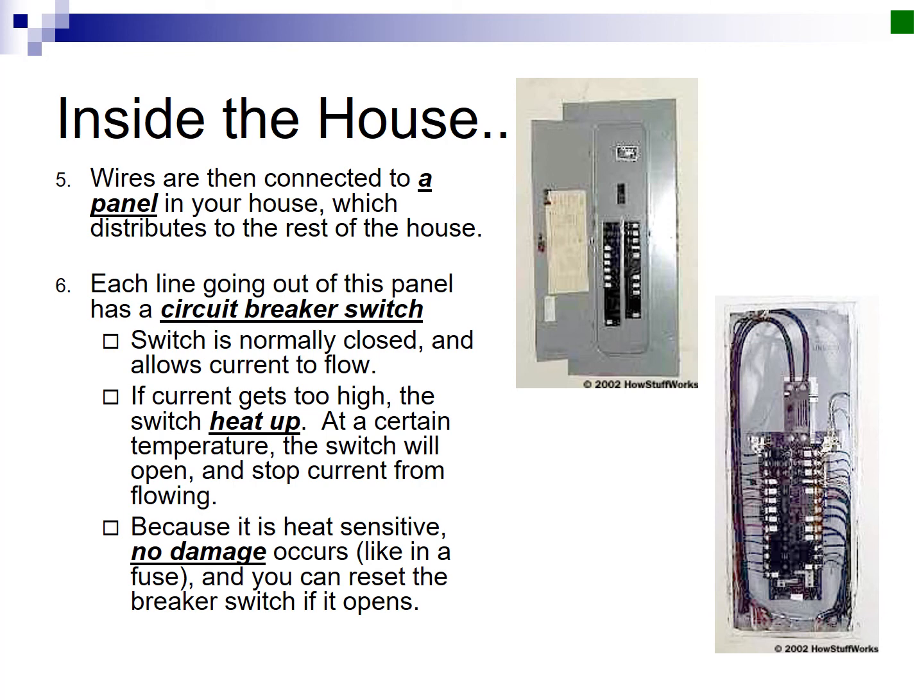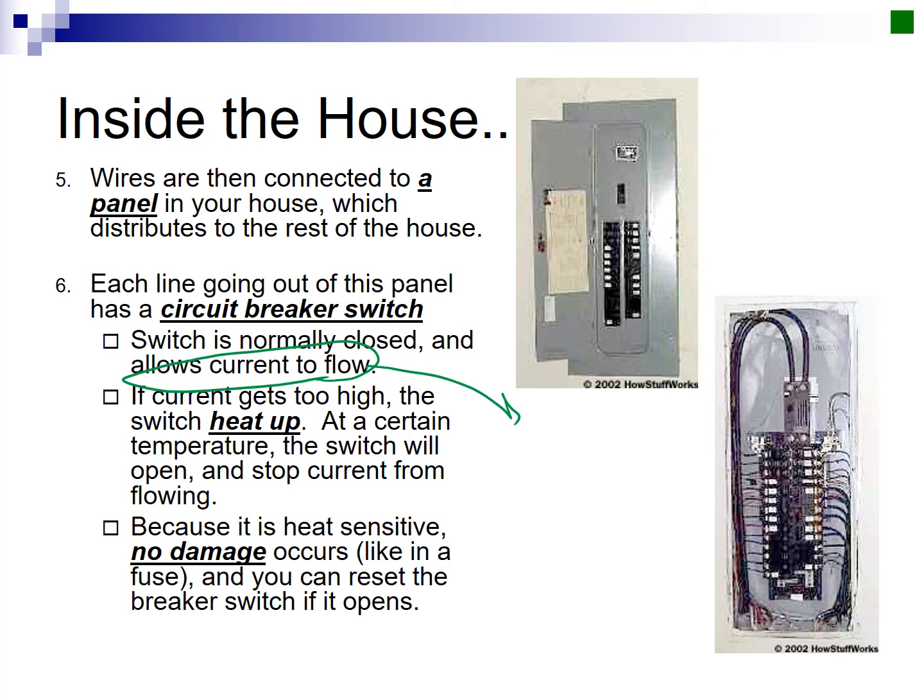Okay, but how does a circuit breaker work? Normally the switch is closed, which allows the current to flow. It's not like a light switch, but think of a light switch. The light switch is normally on for this circuit breaker, so it allows the electricity to flow from the outside into your house. If the current gets too hot, the switch heats up, and at a certain temperature, the switch will actually open, and then it stops the current from flowing.